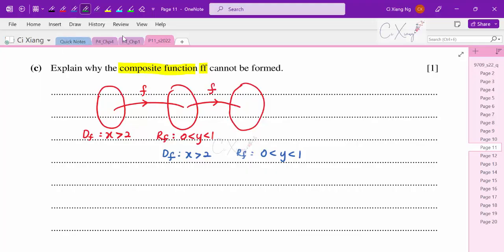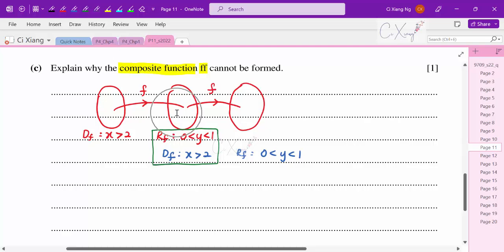Okay, then once we have a look at all the domains and ranges here, basically you can see a contradiction in this part. Alright, because if you have a look, this particular set of values should be either between 0 and 1 or x greater than 2.